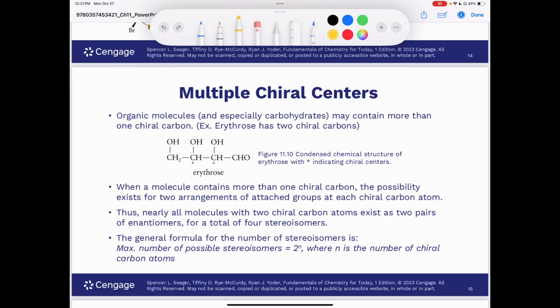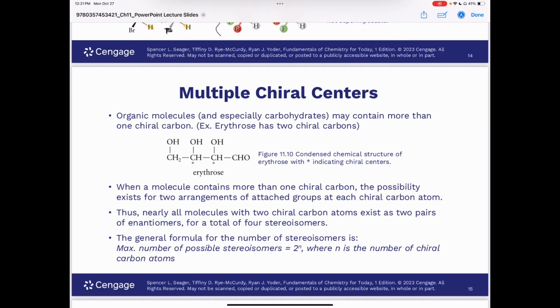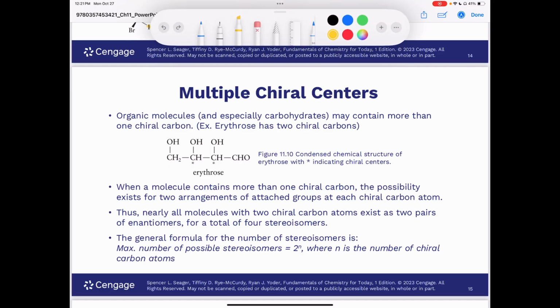Well, the general formula for the maximum number of possible stereoisomers is 2 to the power of n, where n is the number of chiral carbons. And so if erythrose has a total of 2 chiral carbons, we take 2 to the power of 2, which is equal to 4. So that means that erythrose has 4 stereoisomers.